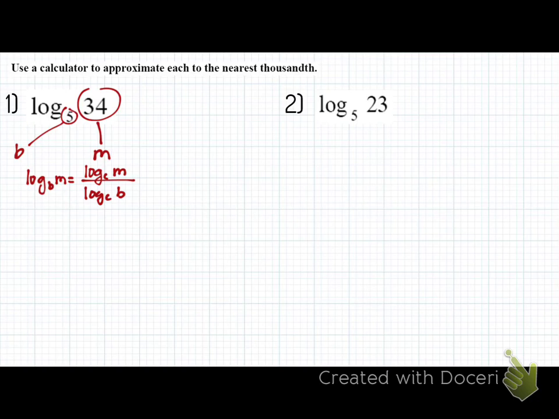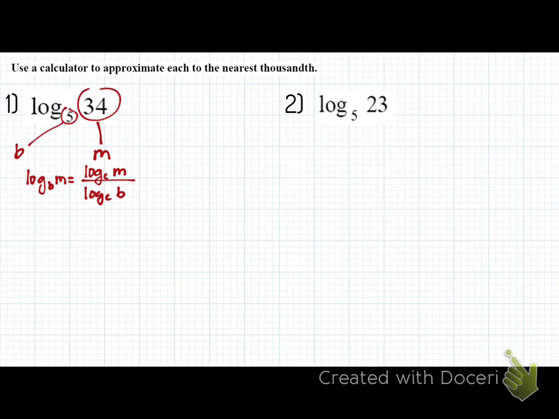What are the two bases we could pick for calculators? 10 and ln, natural log or e, right? I would suggest always making your c 10, so it's the common log button. Some of us have log base 2 also, but don't worry about that. Let's just do common log, so we don't make errors.